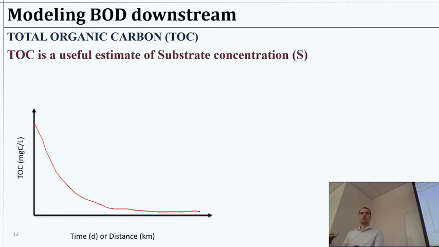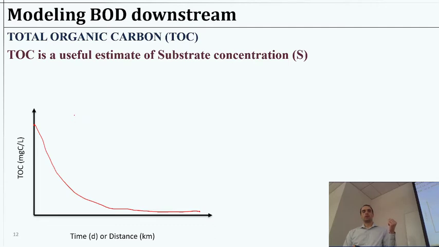Typically in a natural system, there's going to be some level of organic matter regardless because of the soil, the sediment, all that. But if that was the only source, we could imagine it would eventually reach zero or very close. So that's happening over time, and that means that the rate at which oxygen is being demanded based on the waste material in the water is decreasing over time, right?